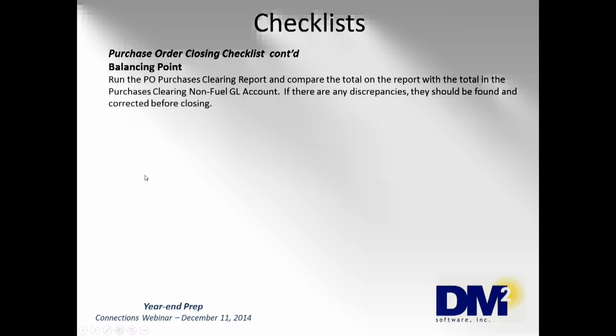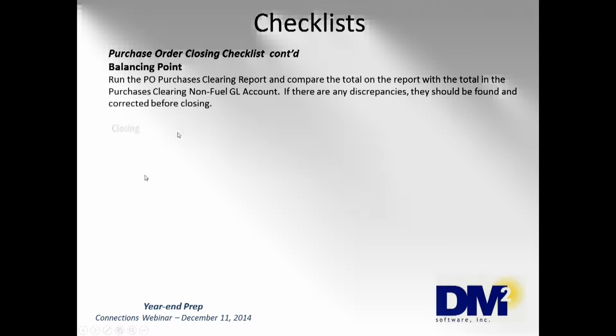Now, ideally, you're using the end-of-day audit report and checking that every day. If you're not, you should first implement end-of-day audit, because that is going to tell you every day if you're balanced. But if you aren't, then you may want to consider looking at this sooner than once a month, so maybe running this and checking it weekly against the GL control account. But I want to point out that it is the non-fuel GL account, because purchase order has nothing to do with fuel.